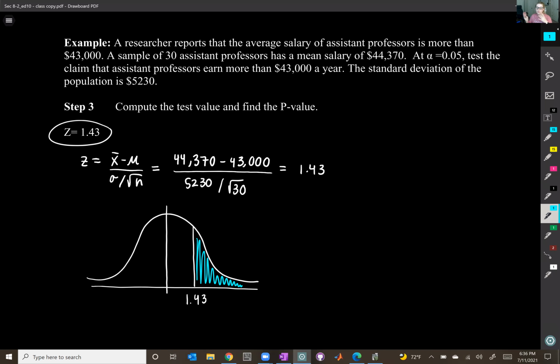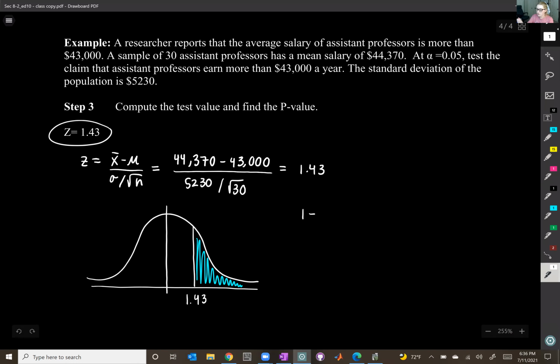Remember that our table gives us the area to the left of a z-score that you put in there, but we want the area to the right of it. So whenever we want that, we just go to the chart, find the value, and subtract it from 1. So I'm going to do 1 minus whatever my chart tells me is the area associated with 1.43.